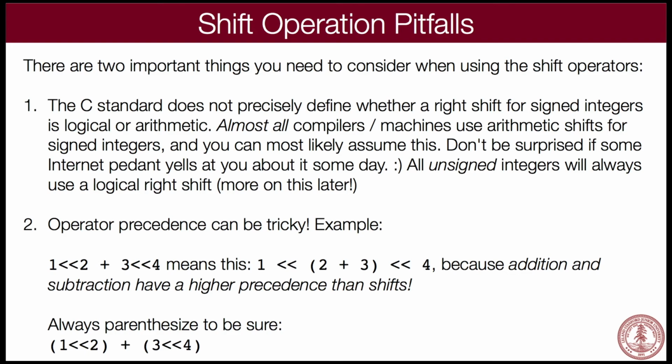C is interesting in that it doesn't precisely define the shift for signed integers. Almost all compilers actually assume that it is arithmetic. And that's because of the fact that we use this certain way of representing numbers, which I'll go over in the lecture on Monday. More on that coming up. Be very careful when you're using shift operators.